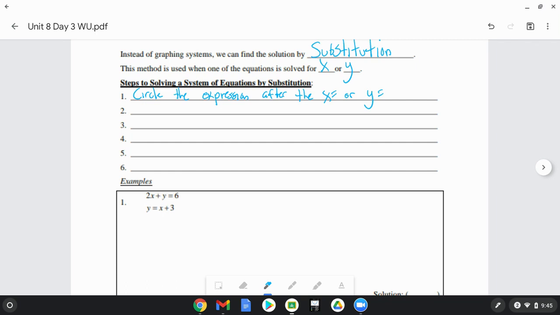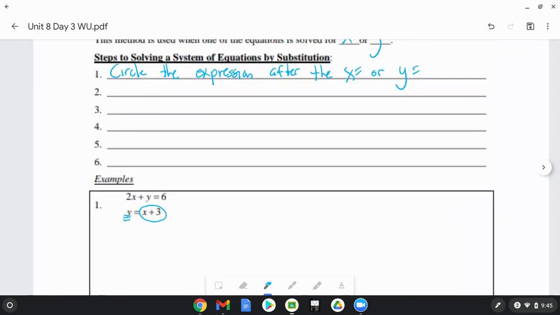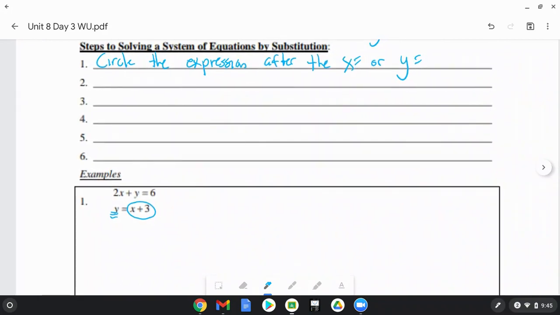I'm going to write down one of the steps, and then I'm going to do that step down below. That way we're just not doing all writing. So the expression that's after the x equals or y equals in this case would be this one, because it's the only one that has the x or the y by itself over here. So that's where I'm going to circle what's after that. Okay, so that's my first step.